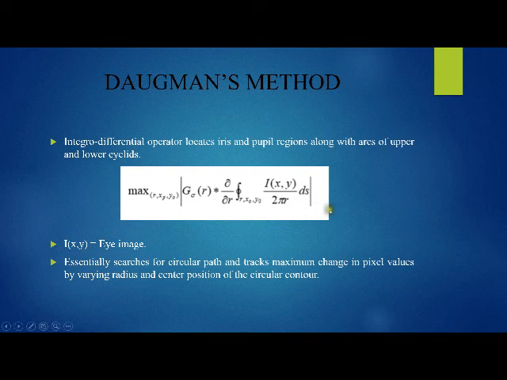The equation that it is based on is given here, where I(x, y) is the image, r is the radius, and G sigma of r is a Gaussian smoothing function. Daugman's method is able to segment better in a way than the Hough transform.